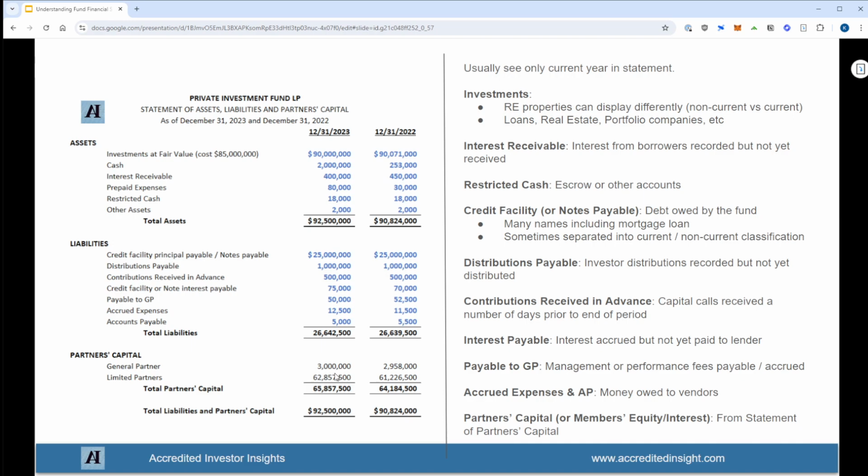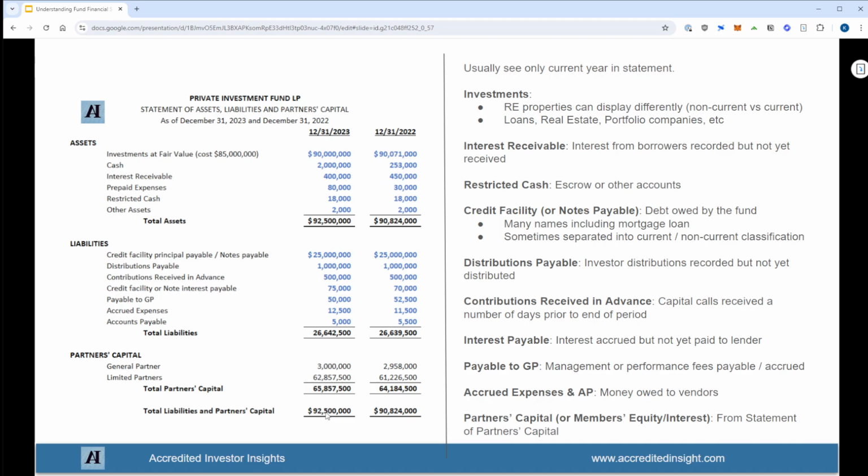Just to be sure everyone understands the overview here, I know a lot of people probably understand this, but the balance sheet, obviously you have your assets, and total assets, 92.5 million. These need to equal the sum of your liabilities and your partners' capital, right? So we have 92.5 million of assets, and the liabilities and the partners' capital together equal 92.5 million as well.